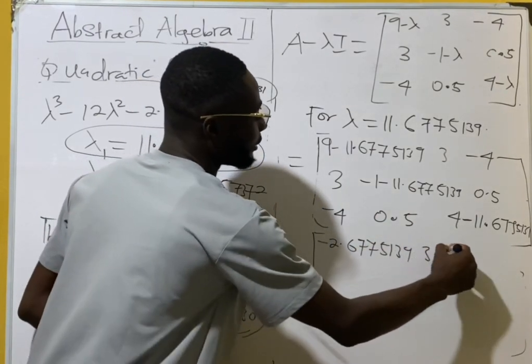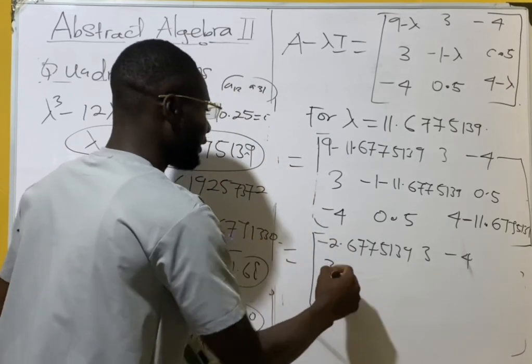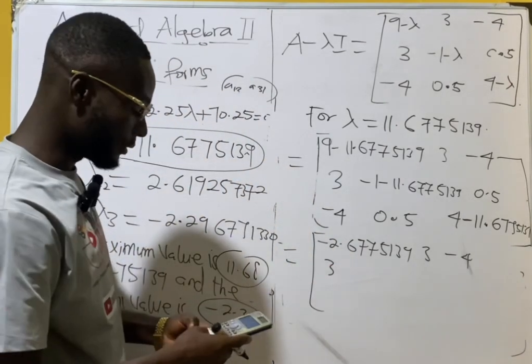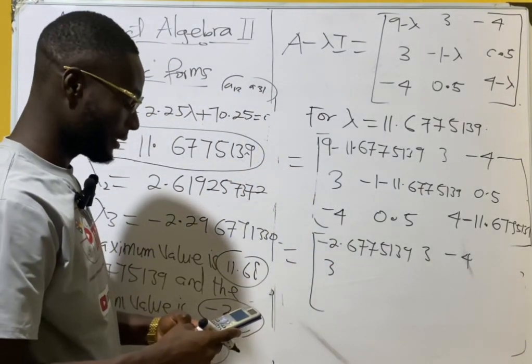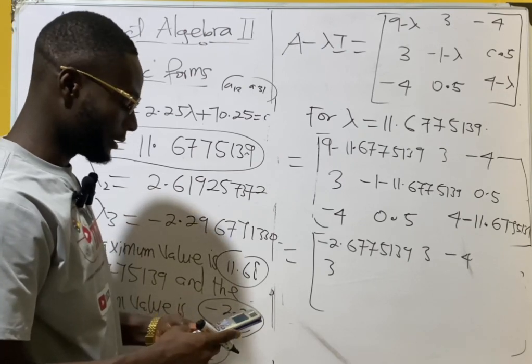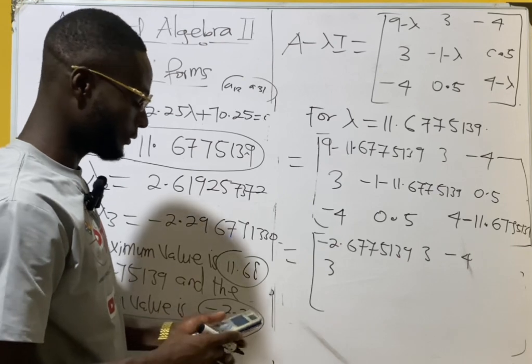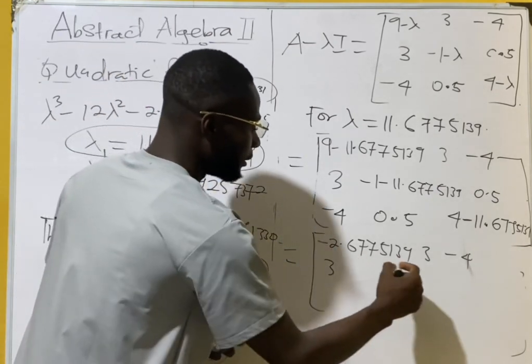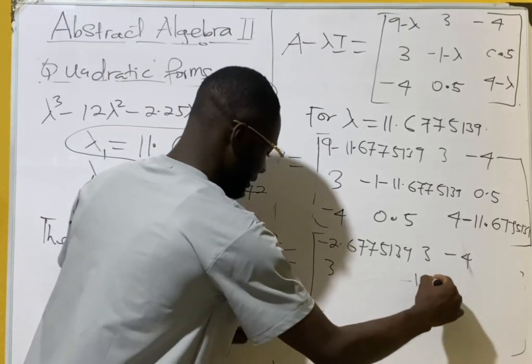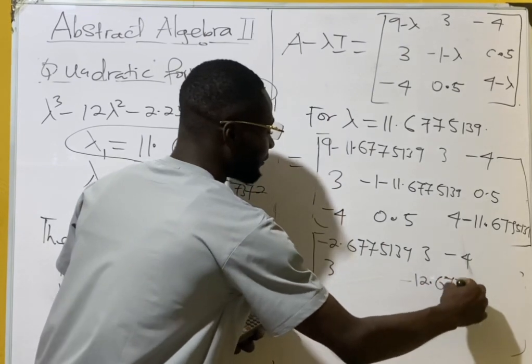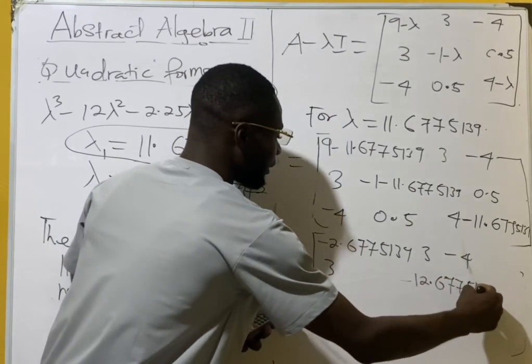Then we have 3, negative 4, 3, then negative 1 minus 11.6775139, we're going to have negative 12.6775139.